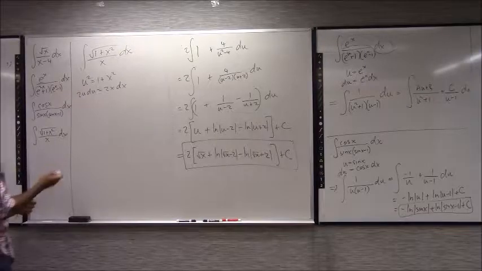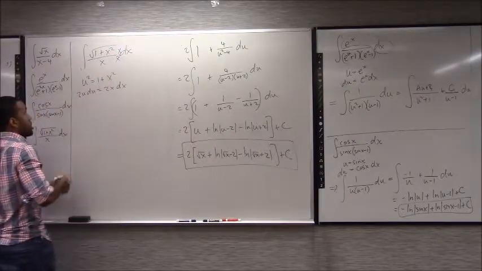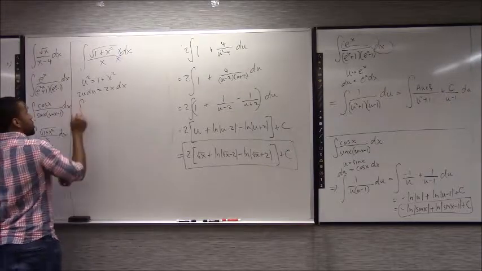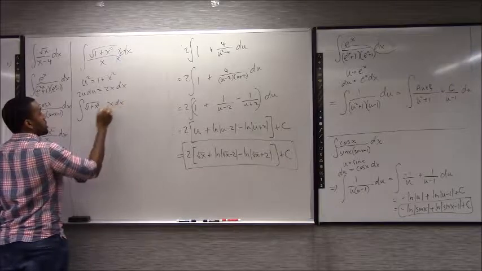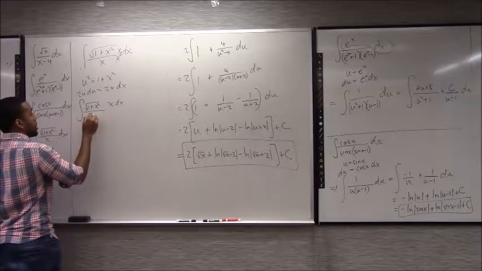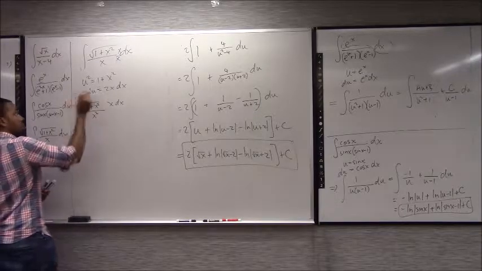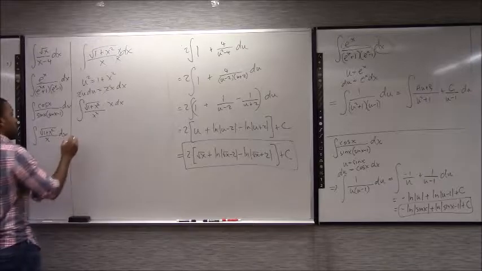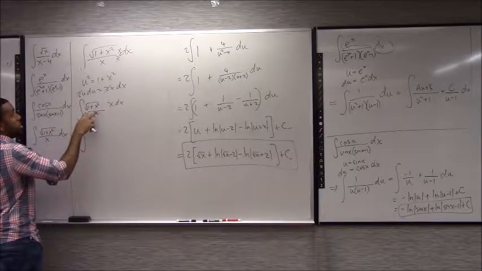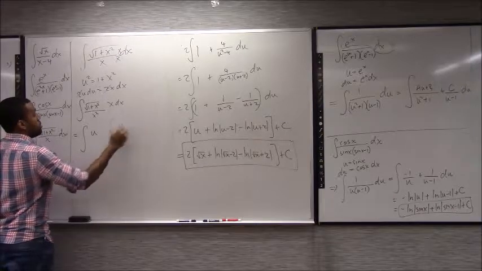And so what I would do here is multiply this by x over x. So my integral would look like 1 plus x squared times x dx over x squared. 2's cancel. So basically this guy would be u, that guy would be u du.